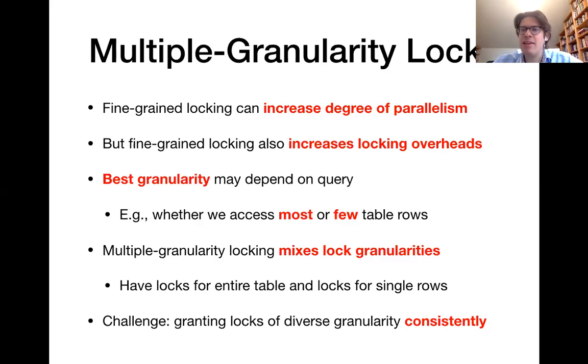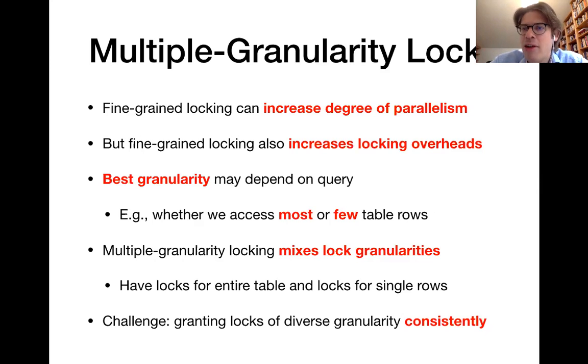So with multi-granularity locking, we don't have to make that choice because we can dynamically choose between obtaining locks at different granularity. If a transaction wants to read most of the rows in a table, it may just get one lock on the entire table. But if a transaction only wants to access one specific row in a large table, in that case, we can get a lock specifically for that row.